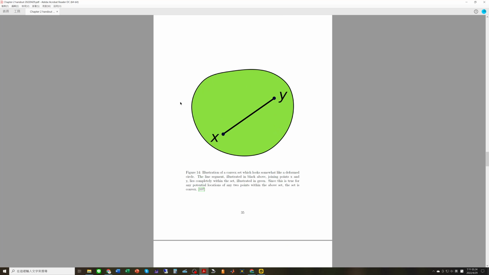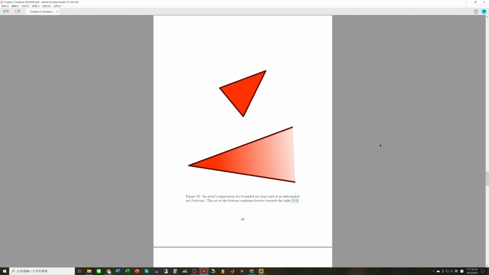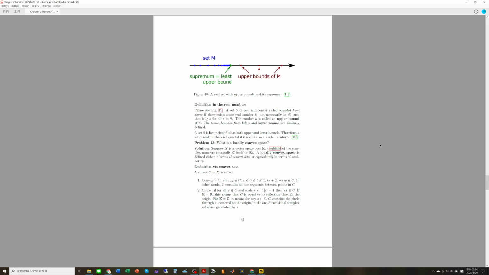This is a convex set, because you can arbitrarily choose 2 different points x and y in the set, and you use a line segment to connect points x and y, and the line segment will also be in the set. So this is a convex set. Next let us go back to the definition.